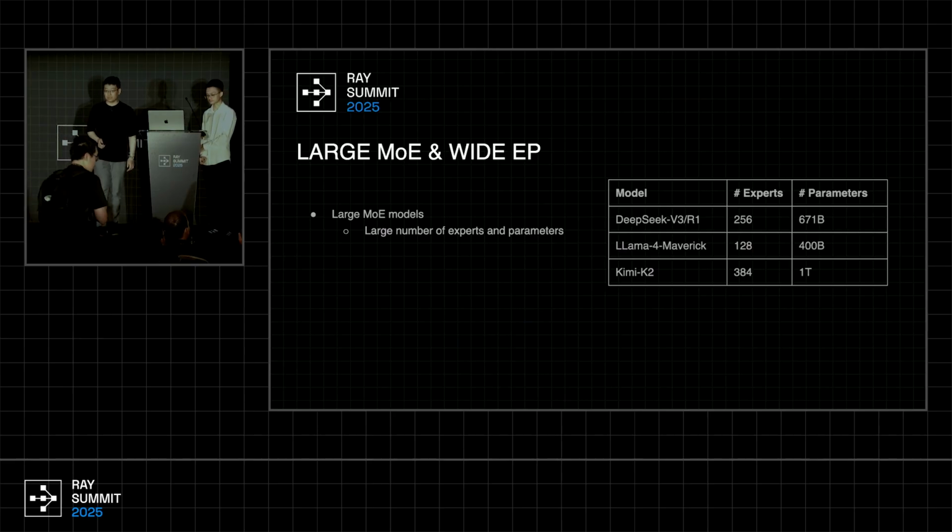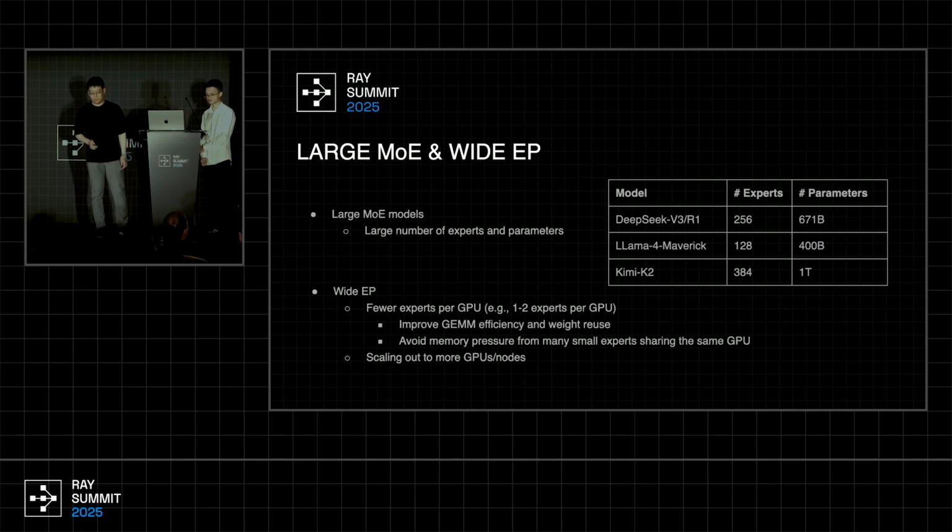Modern MOEs are large. That means they have large number of experts and also parameters. Typically, there are hundreds of experts and hundreds of billions of parameters, or even 1 trillion parameters, most of which are just MOE parameters. Large MOEs often use wide EP, which means there are fewer experts per GPU.